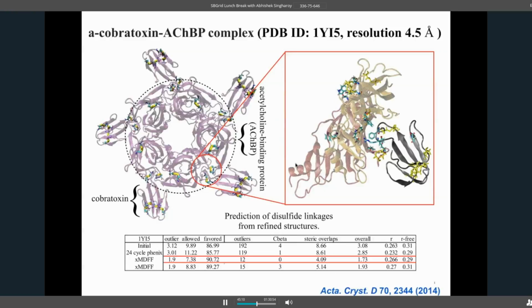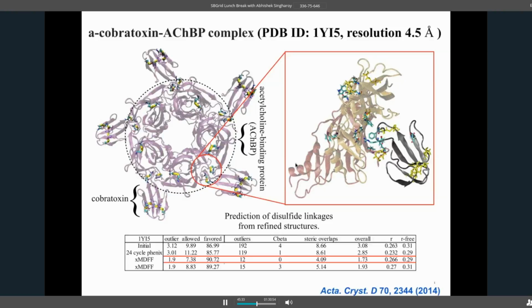Then we redid xMDFF once by considering that all the disulfide bonds are reduced, so there is no disulfide linkage, and the other time where all of them were oxidized. And then what we found was that indeed for the oxidized case, we get much better refinement statistics than for the reduced, which is even better than what is submitted or after 24 cycles of Phenix.